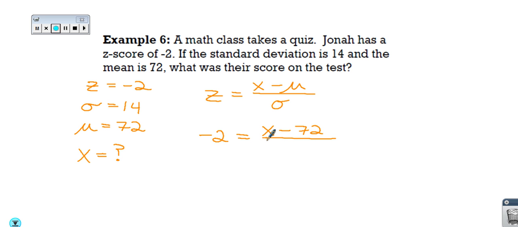And over a standard deviation of 14. Now this is going back to 2 step equations. So the very first thing I want to do is I see division. So I'm going to multiply both sides by 14. What we end up getting is negative 28 equal to x minus 72, and we want to add 72 to both sides.